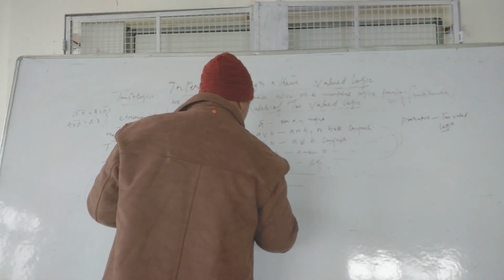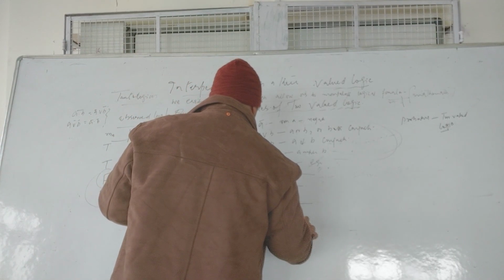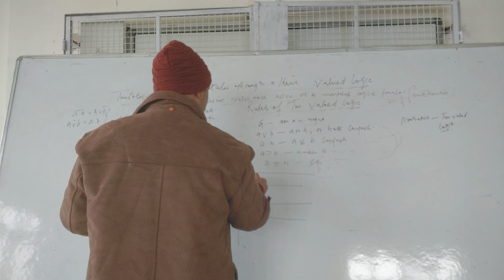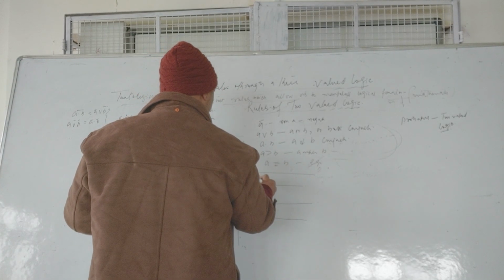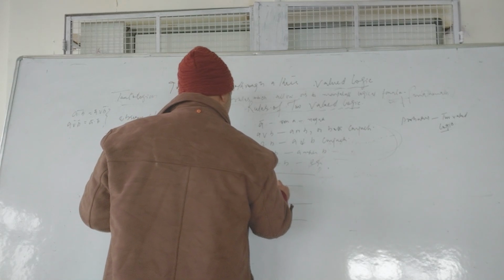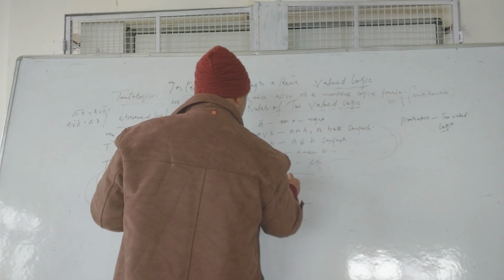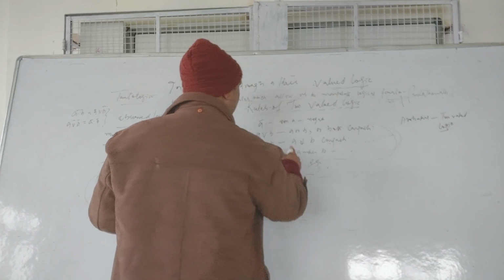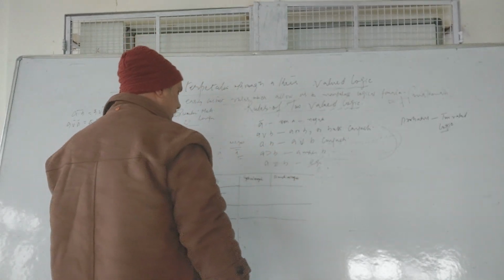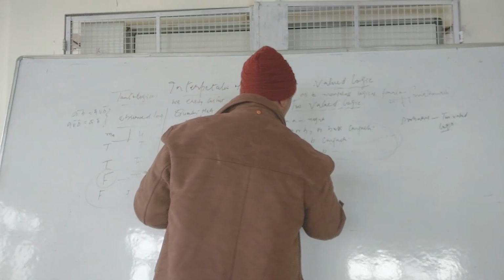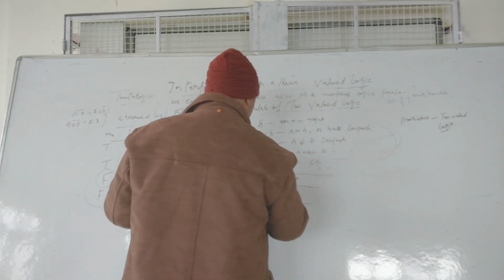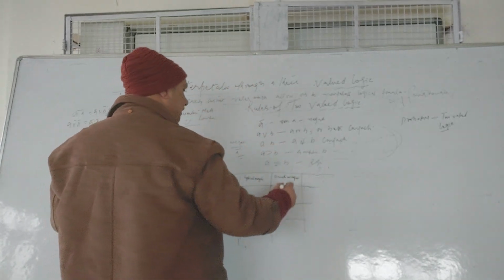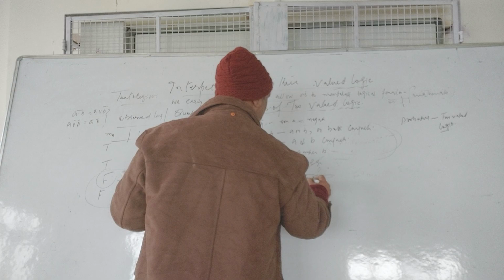For example, this is a cyclical negation, this is a diametrical negation. Apart from this, we have something more to construct things. You can have a complete negation.